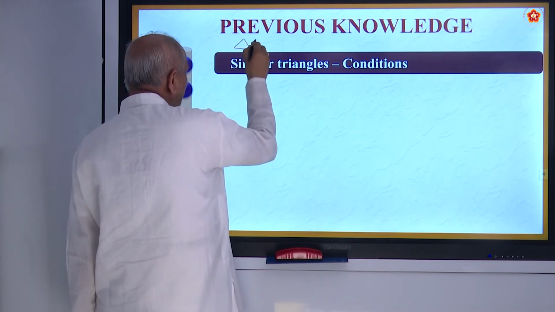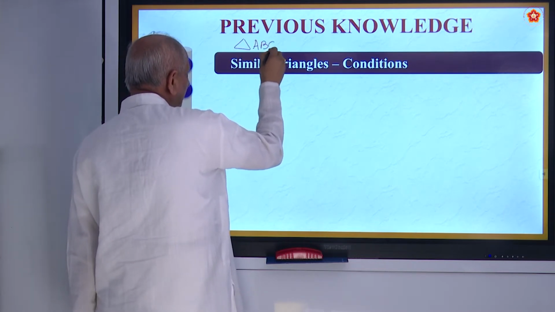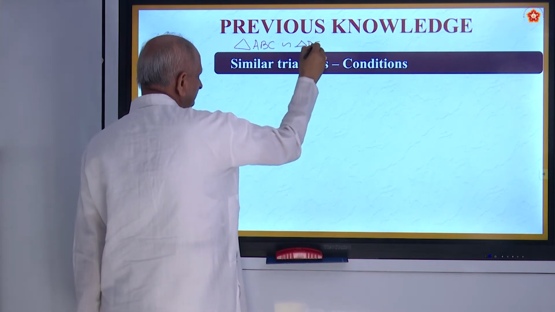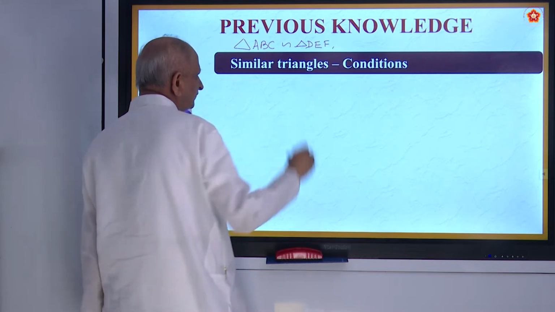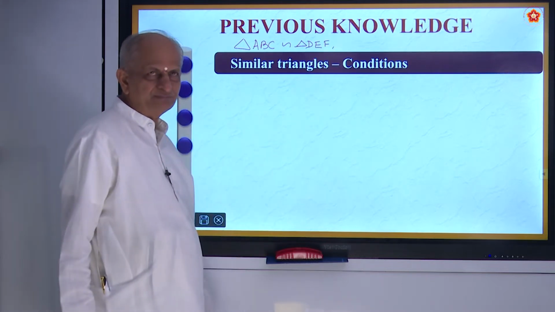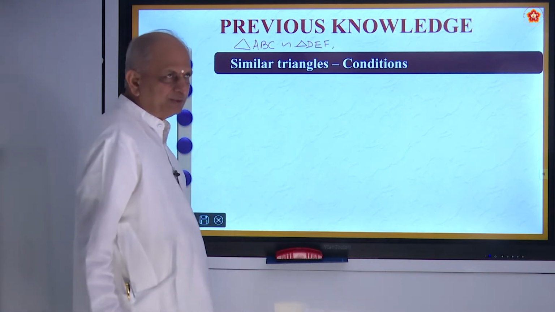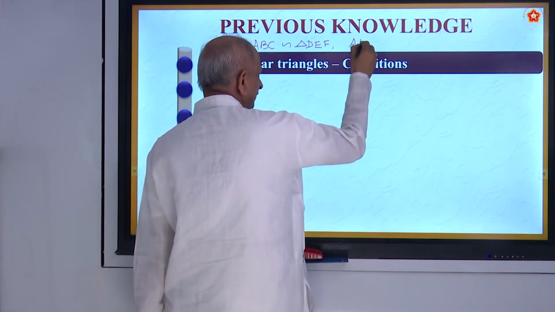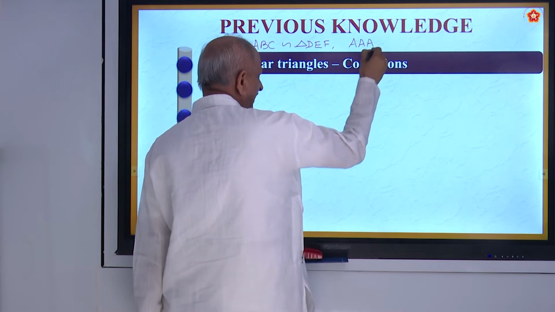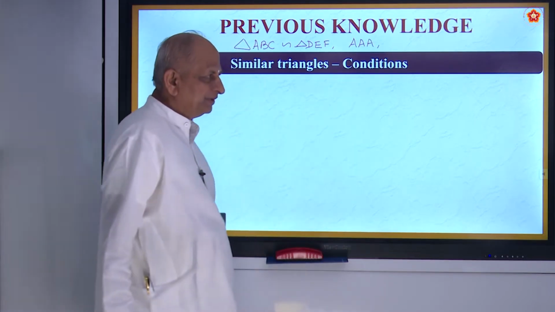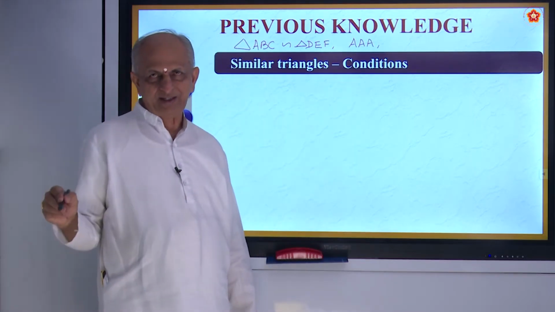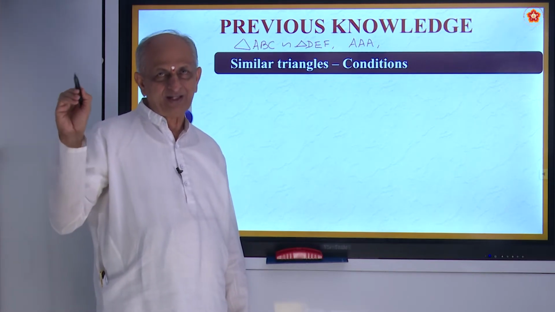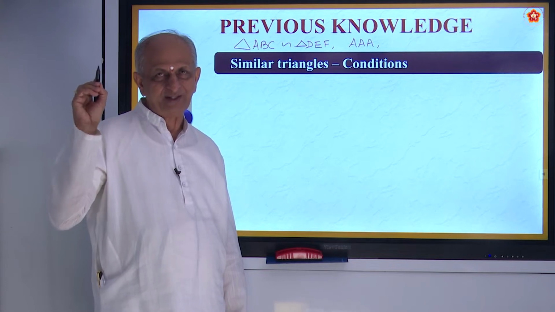let us call the two names, triangle ABC and triangle DEF. They are similar under three conditions. One is angle: the three angles of one triangle are equal to the corresponding angles of the other triangle.